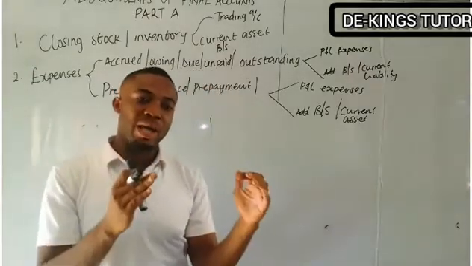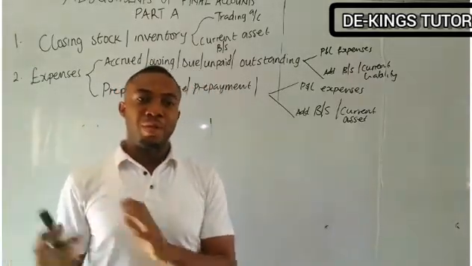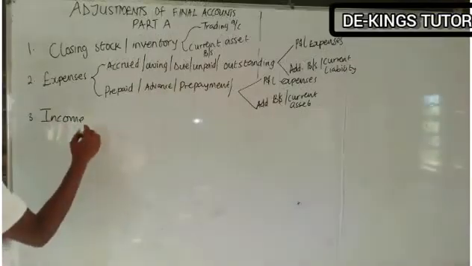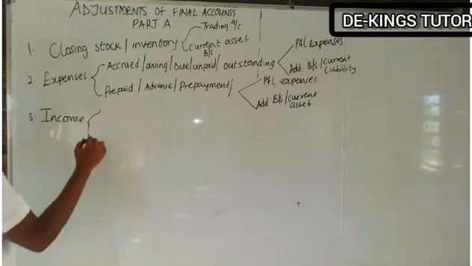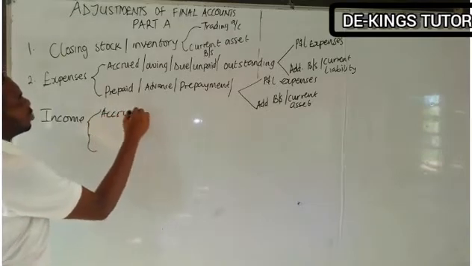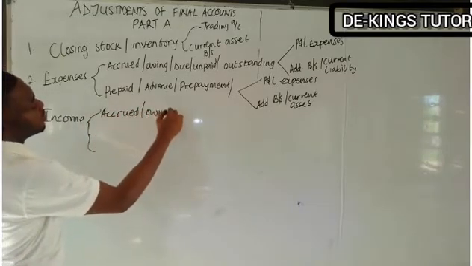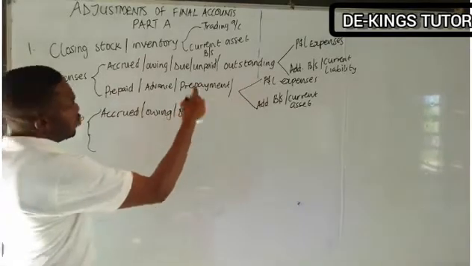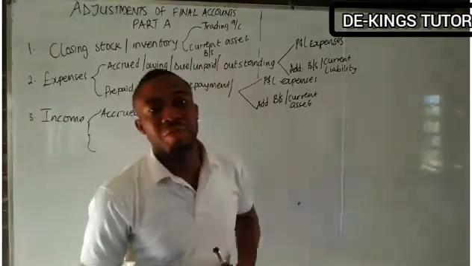So another one is income. Income can also be accrued, owing, due, like that. And what is accrued income?